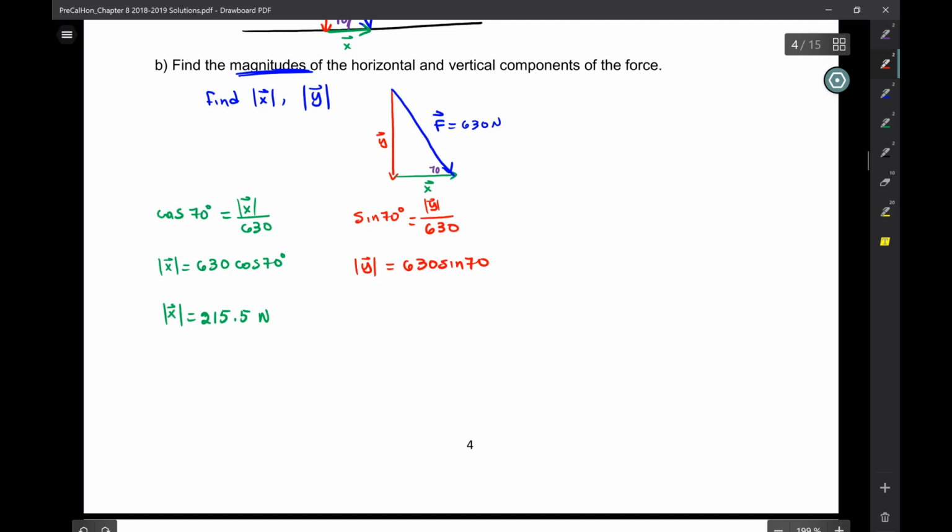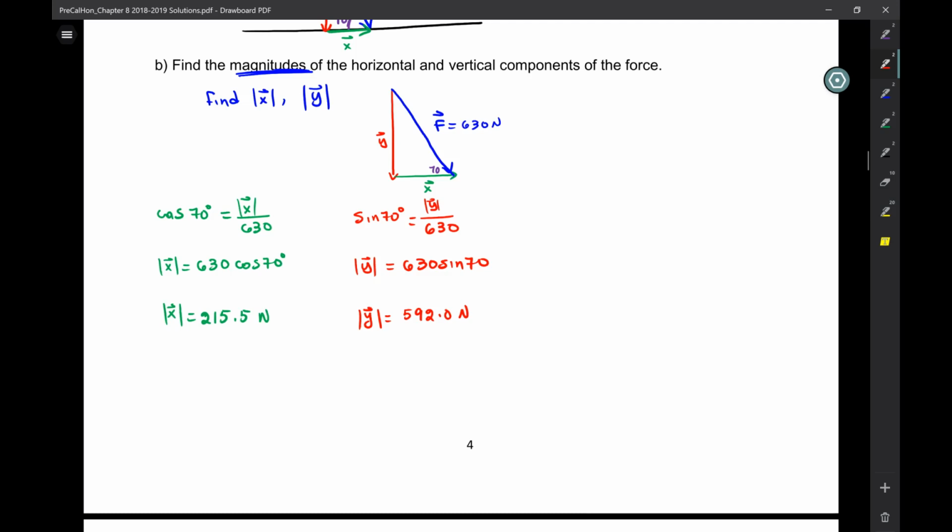And how much is that? Newtons. So that's the vertical component of the force, and that's the horizontal component of the force.